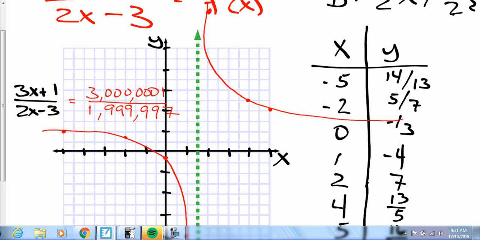What's that real close to? That's real close to 2 million. This is real close to 3 million. So what's it get to? 3 over 2, right? Will it ever equal 3 over 2? No. You'll get really close. What we call in math circles arbitrarily close. It'll get arbitrarily close to 3/2, but it will never equal 3/2.